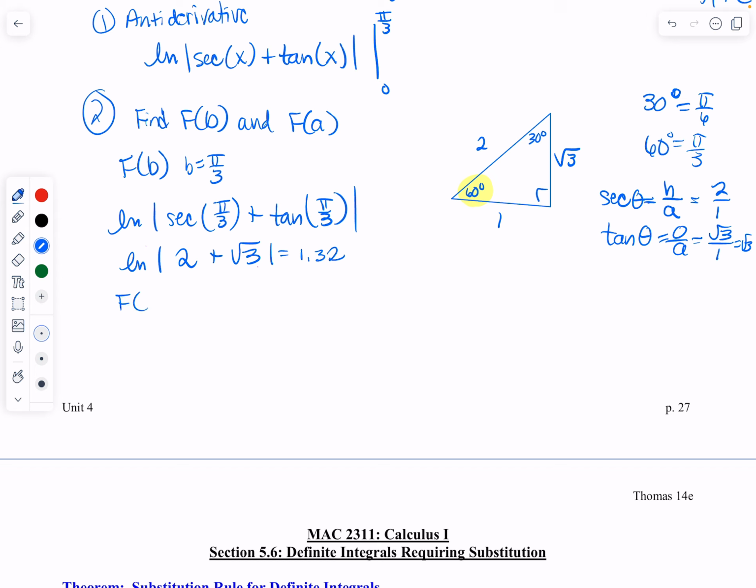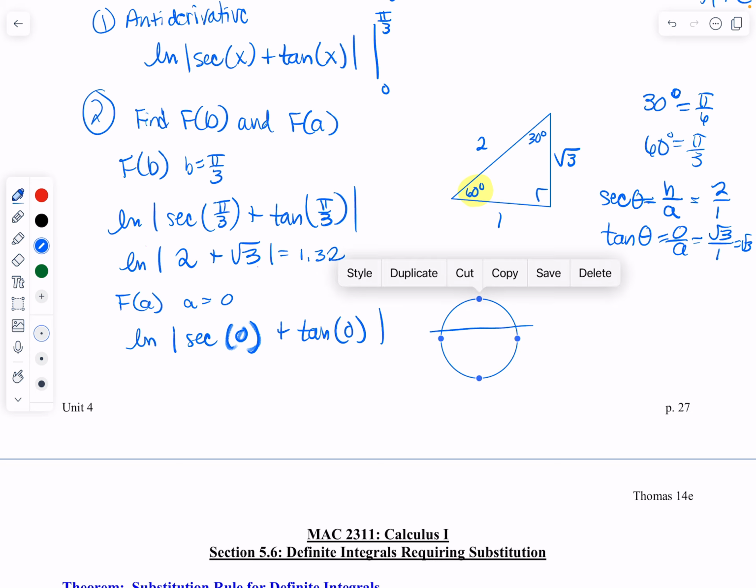Let's find f at a. Remember, a is equal to 0, so it should be a little bit easier. So ln secant of 0 plus tangent of 0, and I should have written 0, so I'm going to fix that because I'm doing f at a. So guys, don't forget that when I'm doing this, I'm using the unit circle, right?